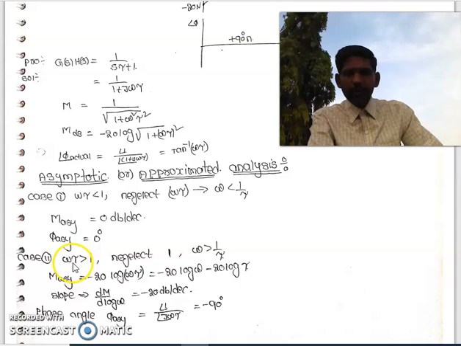Case 2: when omega tau is greater than 1, we neglect the 1, so omega is greater than 1 by tau.